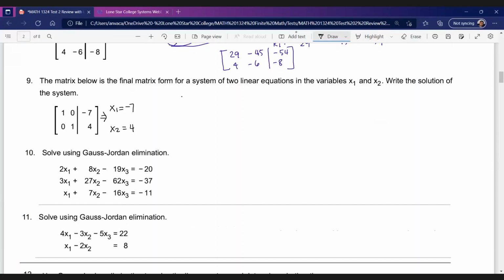In number 10, we want to use Gauss-Jordan elimination. So we're going to need an augmented matrix, and here's the coefficient matrix. We have 1, 7, negative 16, and here's the vertical bar, and then we augment the column matrix with those entries.